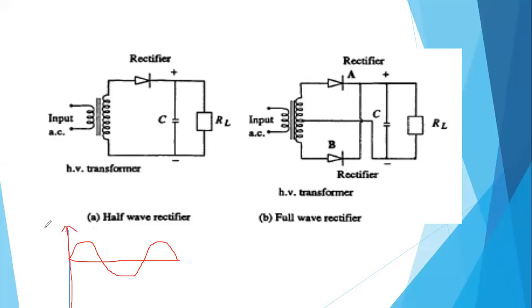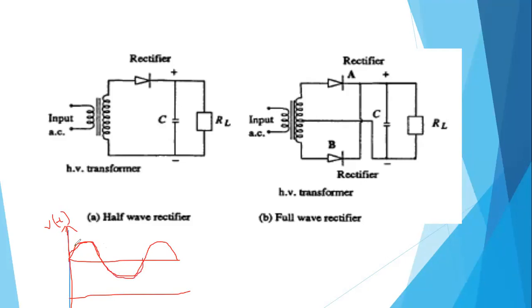This is the input waveform, that is V of t. Let the output waveform become so. During the positive half cycle, this is the positive half cycle and this is the negative half cycle, right?